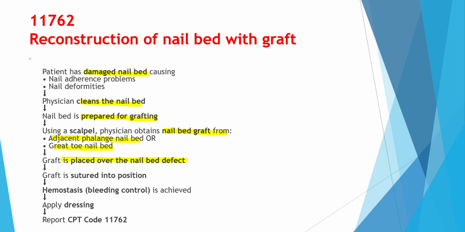Simply, the patient has nail bed damage, and the physician takes the nail bed graft from the other phalanx and applies it to the damaged part. The graft is sutured into position, bleeding is controlled, and he applies dressing also. So you will report CPT 11762.